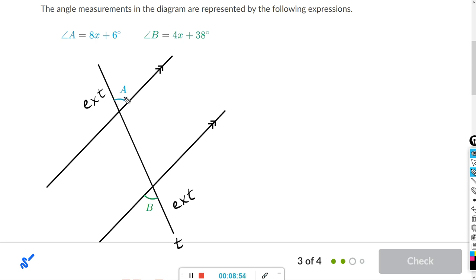One of the angles is on the right, the other angle is on the left. Those are alternate exterior angles, and we said at the beginning those are going to be congruent. So you set them equal to each other since they're congruent. So I'm going to do 8x plus 6 and set it equal to 4x plus 38.